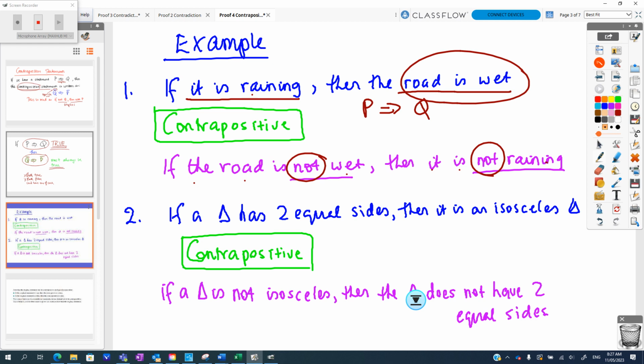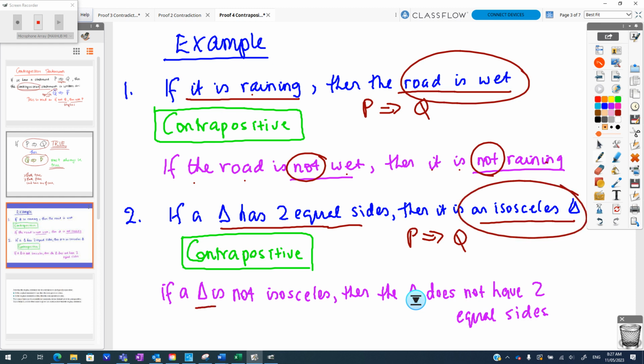Next example, if a triangle has two equal sides, then it's an isosceles. So P implies Q. The contrapositive is, if a triangle is not isosceles, then the triangle does not have two equal sides. It's pretty straightforward, but it's just another skill you need to learn. Copy that and come across.